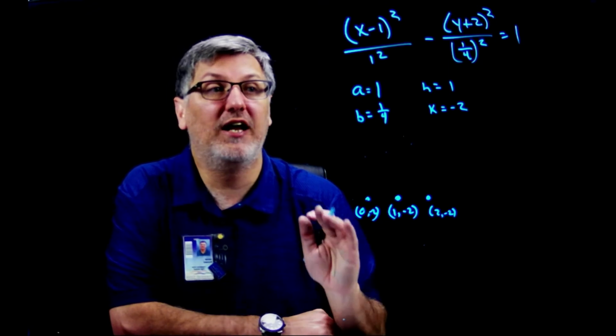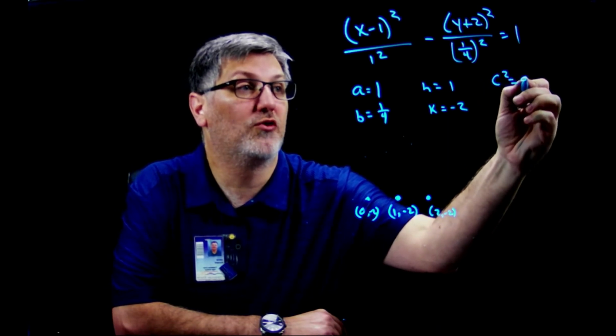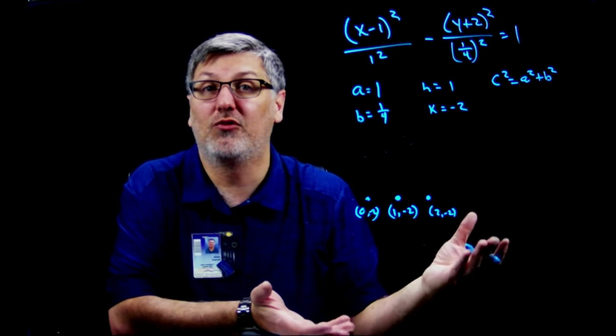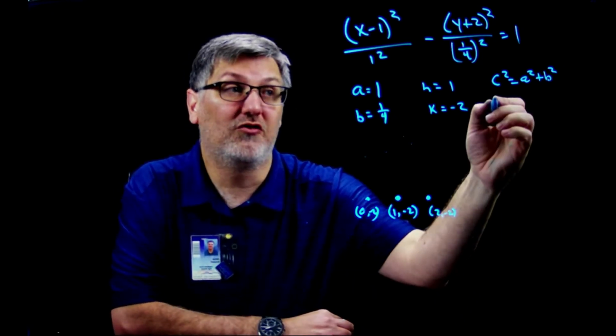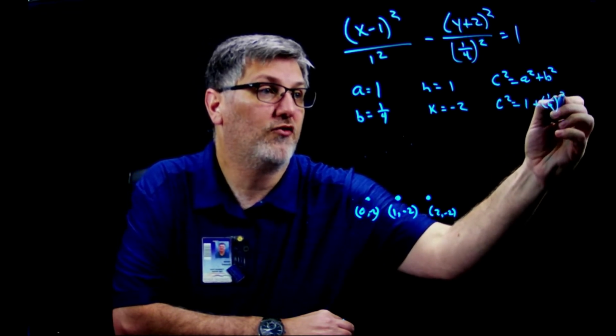All right, now I need to find my foci. Well, my foci is a distance of c. I don't have a c here, but I can find it because c squared equals a squared plus b squared. Well, I have an a and a b, I just throw it in the calculator. Or I just do it by hand, really. C squared is going to be 1 plus 1/4 squared.